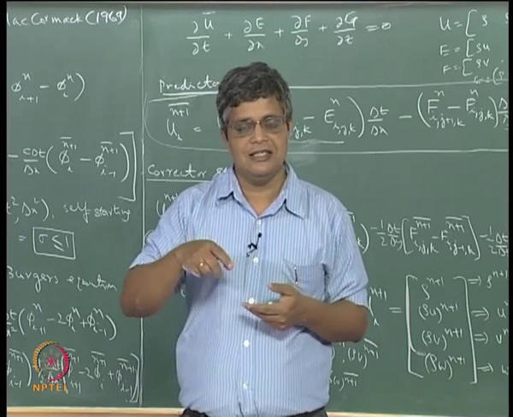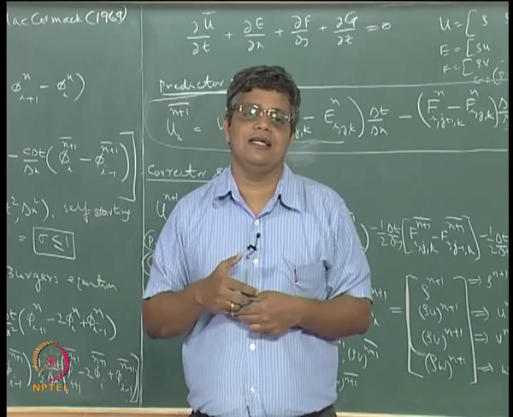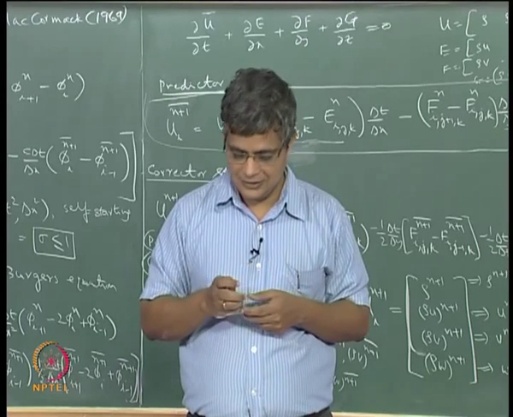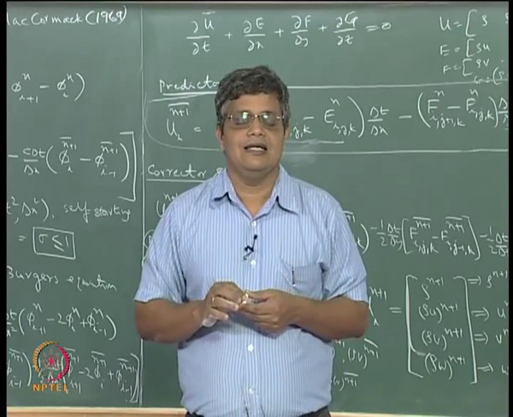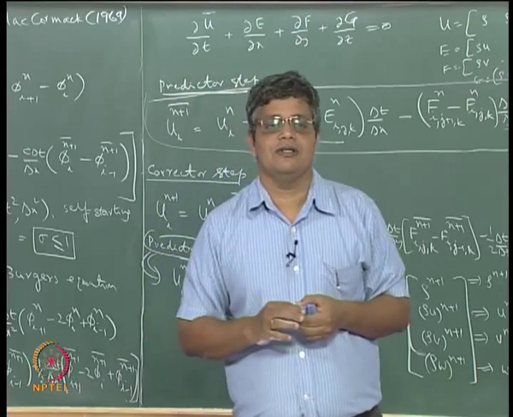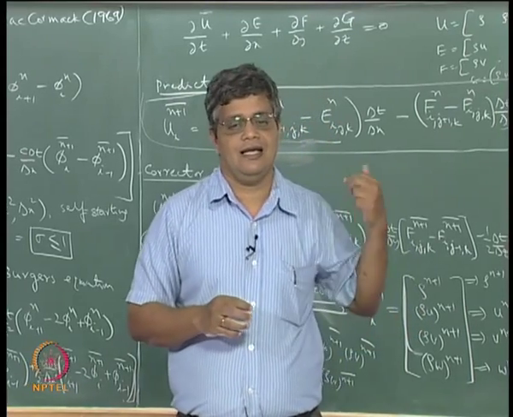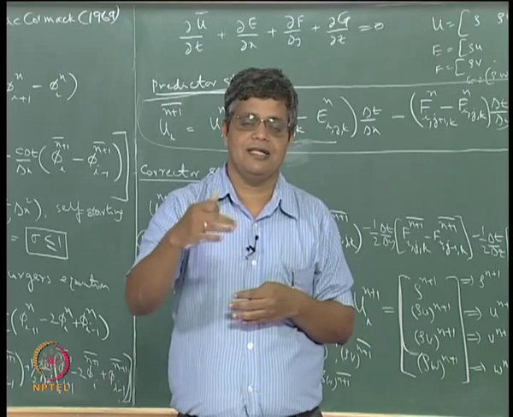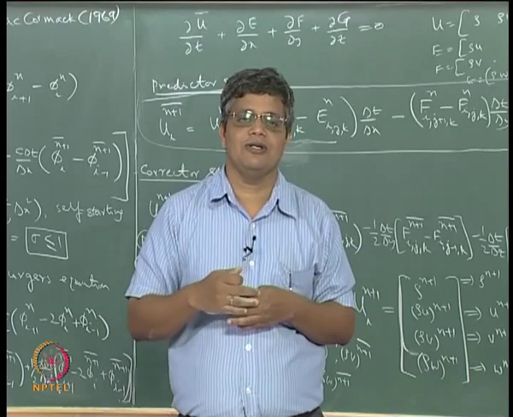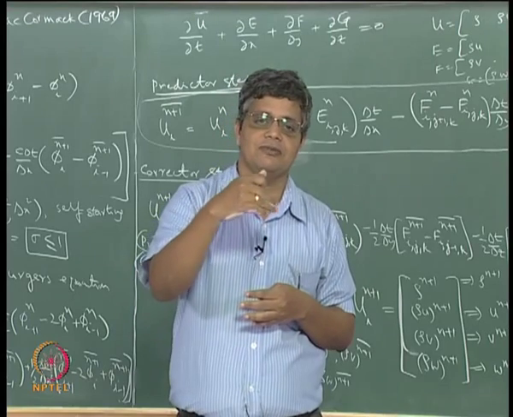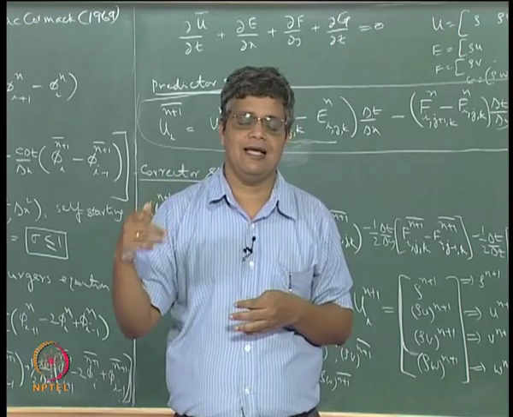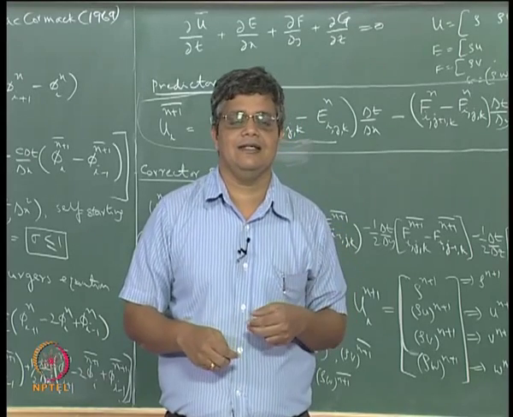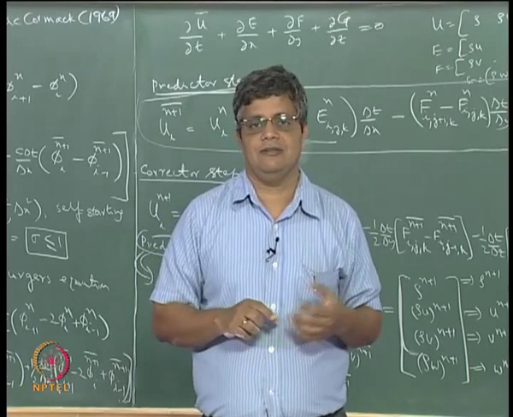So this need to know everything simultaneously makes the solution very complicated and very prone to divergence. And this way of doing it in 2 steps of delta t, separated by a small delta t, that is going from n to n plus 1 bar to n plus 1, in which all the variables are evaluated and then corrected, will make the method work.